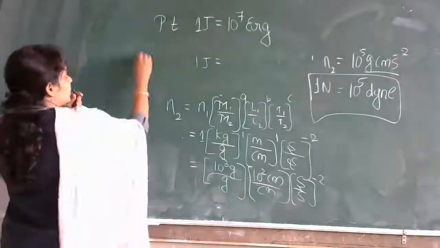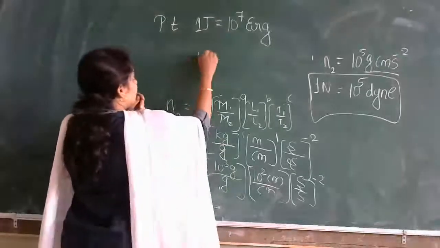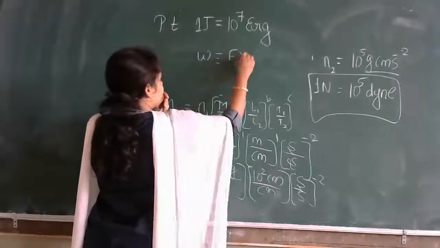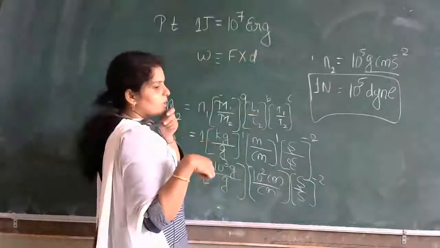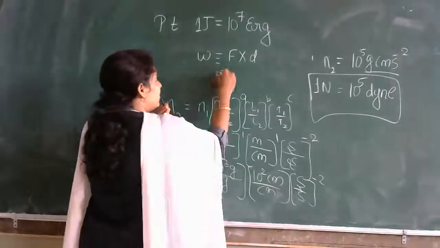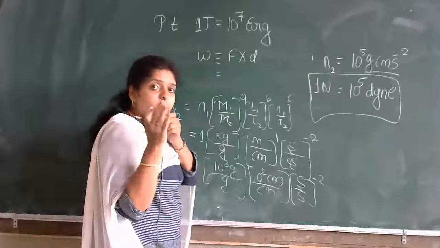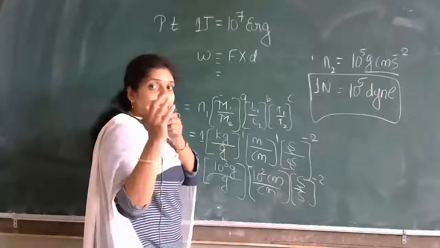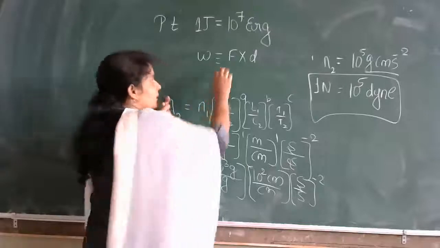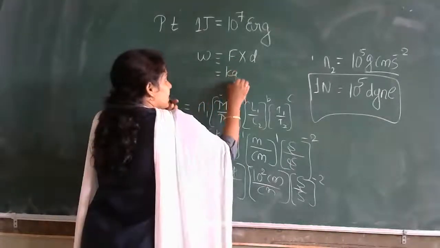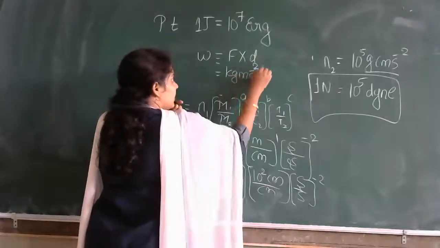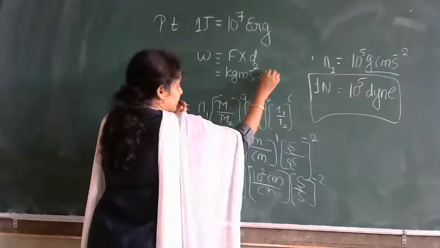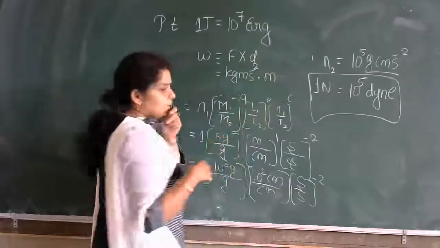See, you can take work done is equal to force into displacement. Force is measured in terms of, don't take Newton because again you need to convert Newton into SI system. Directly write the SI unit. What is it for force? kg meter per second square, into displacement measured in meter.